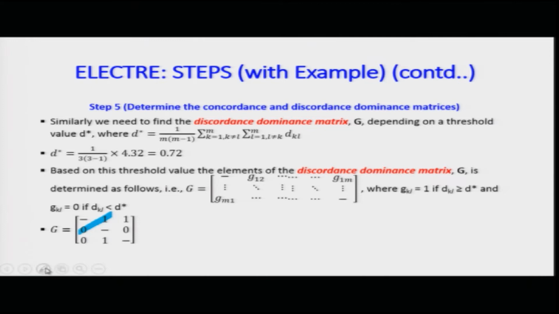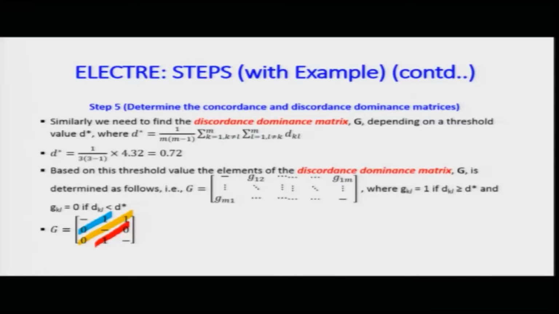I will just highlight them with the color. So, when I compare A1 to A2 and A2 to A1, for A1 the value of discordance, disliking, I am very sad for taking the A1 decision. But if I take the other side, I go to A2, I am sad, but not to the level I was by taking A1.